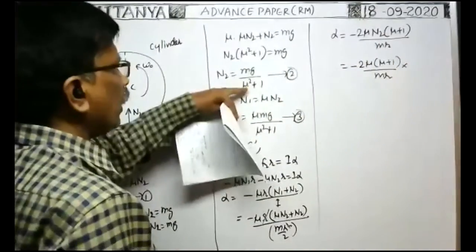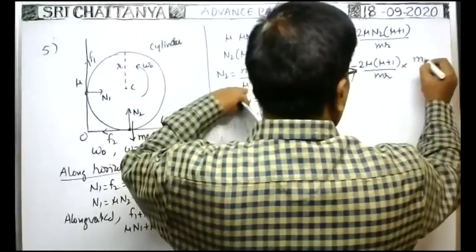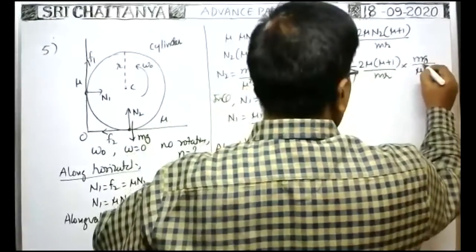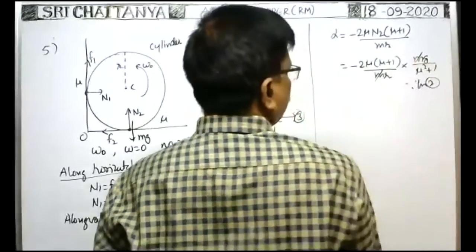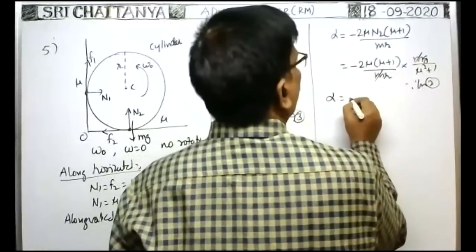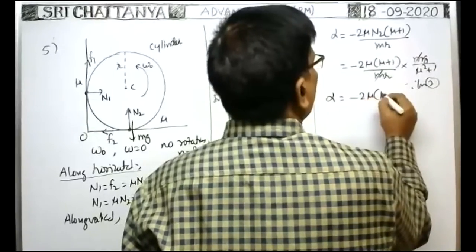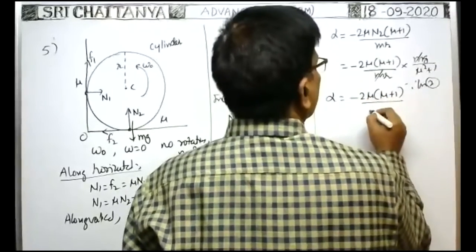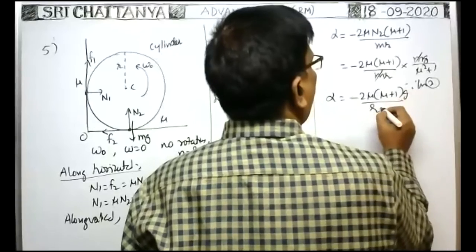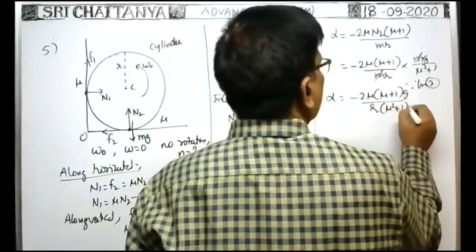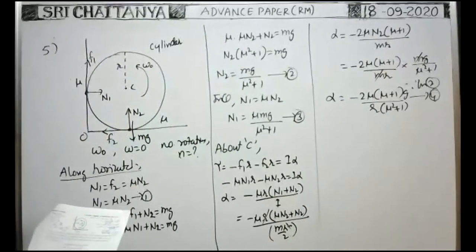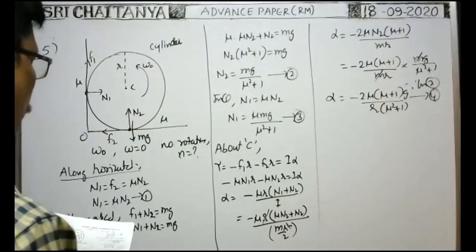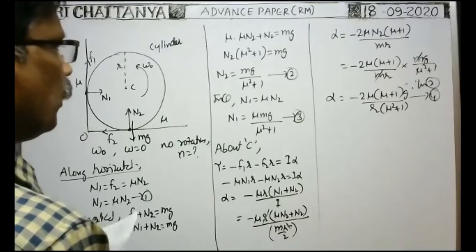But N2 is equal to mg by (mu square plus 1), as we got from equation 2. Here m cancels. Therefore alpha is equal to minus 2 mu into (mu plus 1) by r into g by (mu square plus 1). This is equation 4. So this is the angular acceleration.